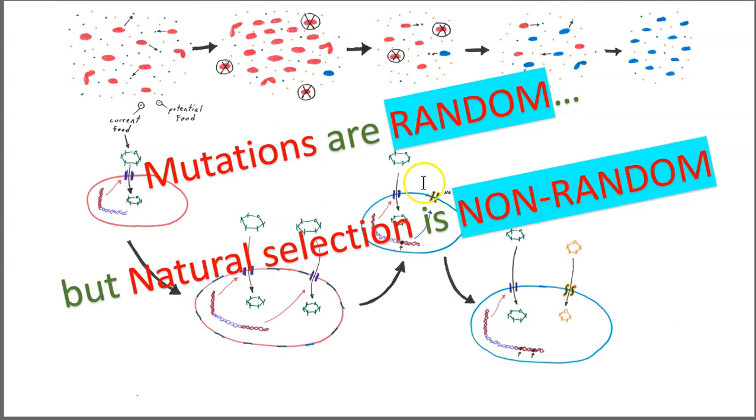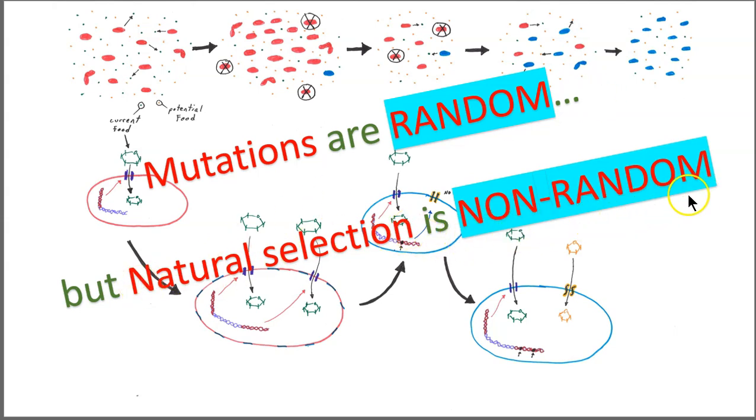Evolution equips creatures and species with adaptations to deal with the current environment. So a couple of important points about this evolutionary change. The mutations that produce the variation are random. So living things can't steer mutations to be just beneficial for them. Many mutations mess things up. On the other hand, natural selection is non-random.